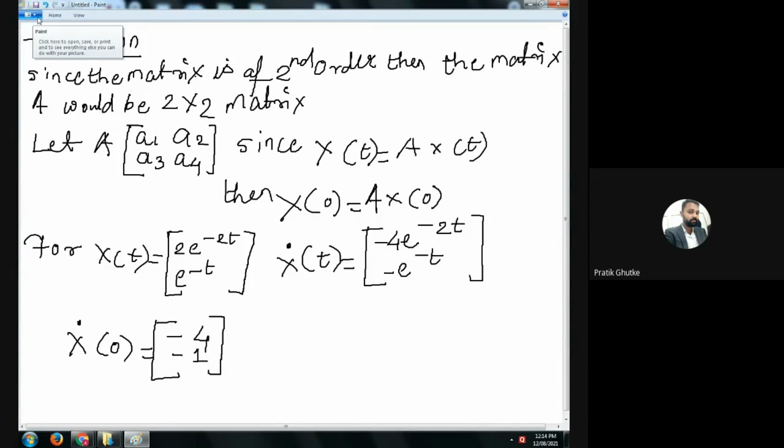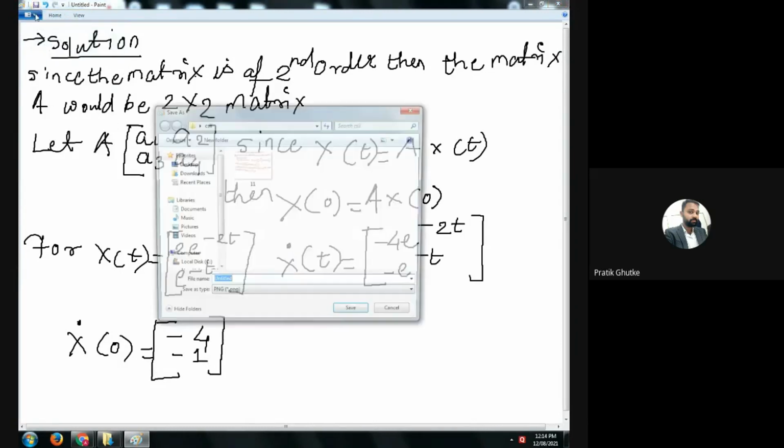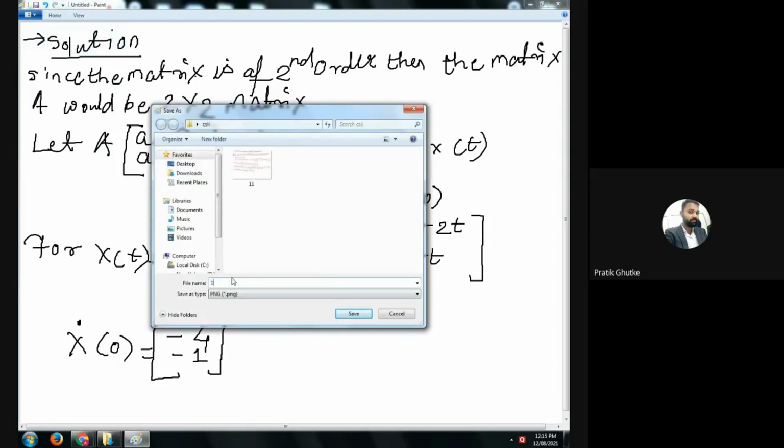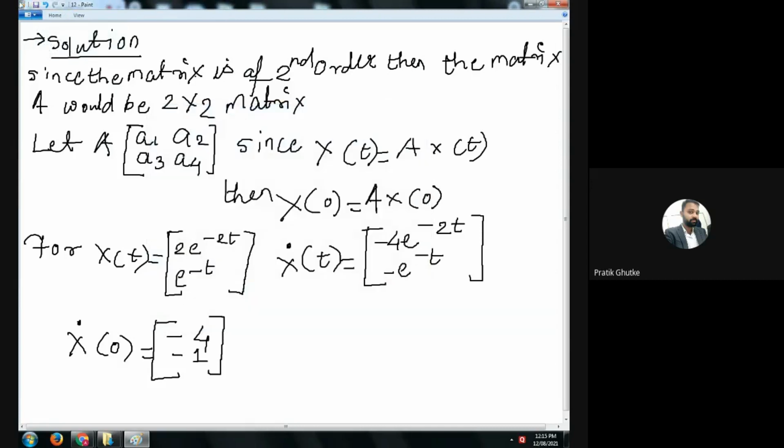I am taking the new slide. So moving forward, I have x dot of 0, which is minus 4, minus 1.